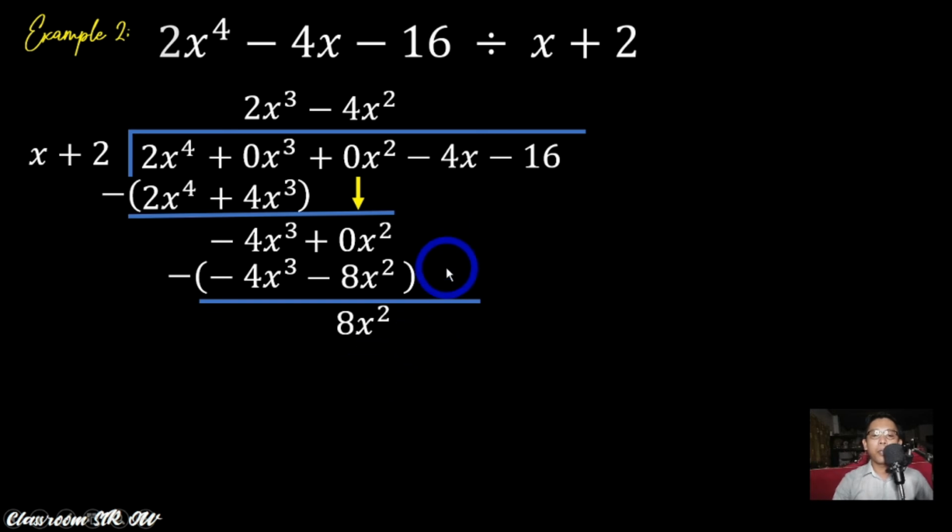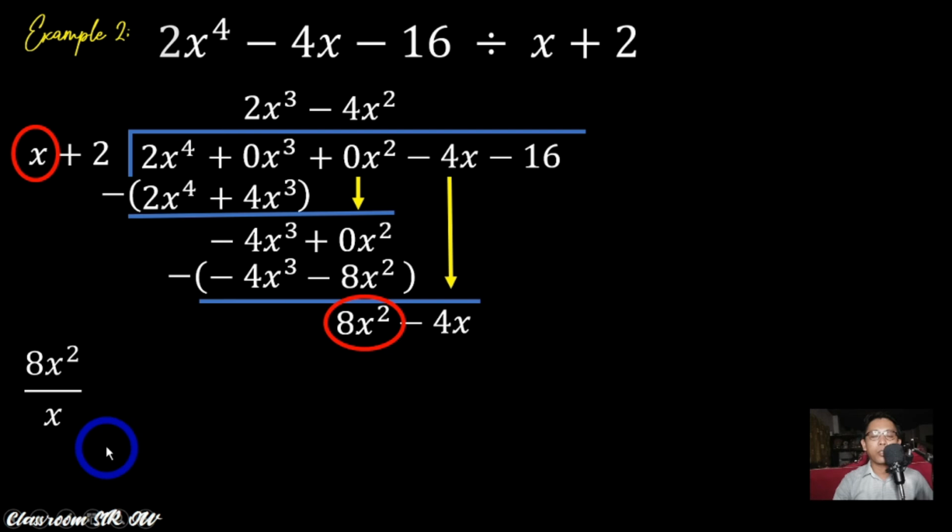So next we will bring down negative 4x. So we will go back again to our first step by dividing 8x squared by x. So that is 8x squared divided by x is equal to 8x. So we have 8x here as our quotient. And after that, we will multiply 8x by x.